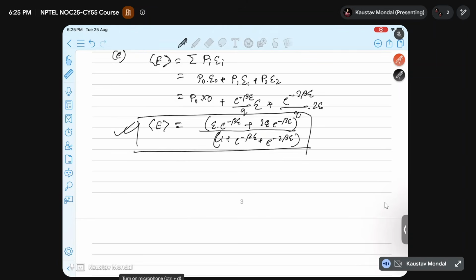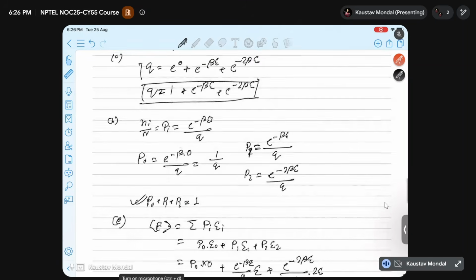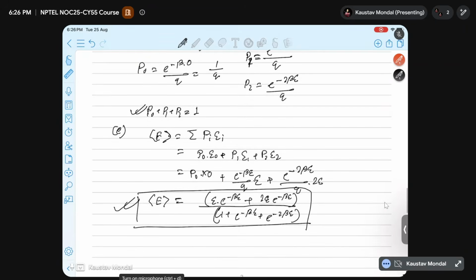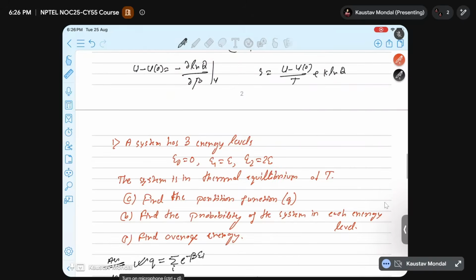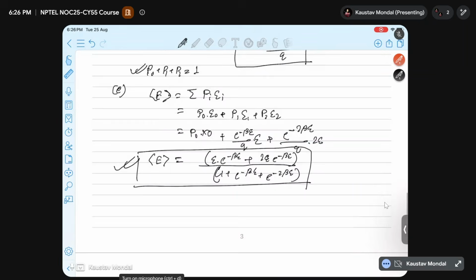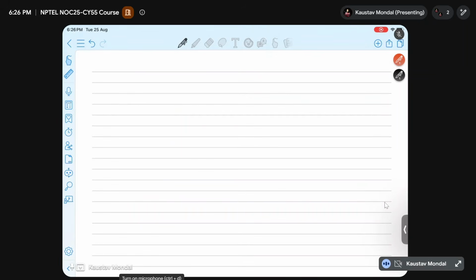So you get the probability, you get the average energy, you get the partition function. We have solved all the questions of this problem. The next problem we will give now.